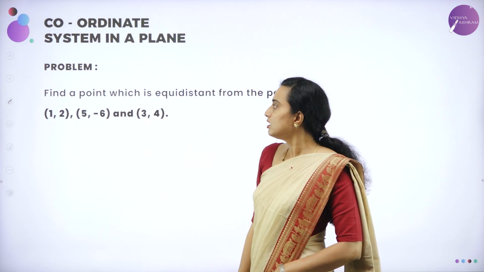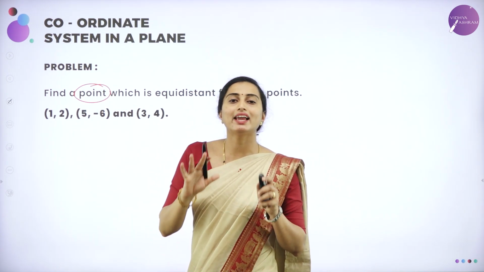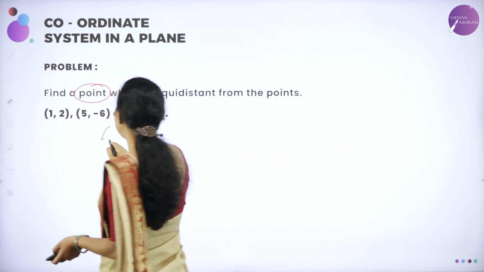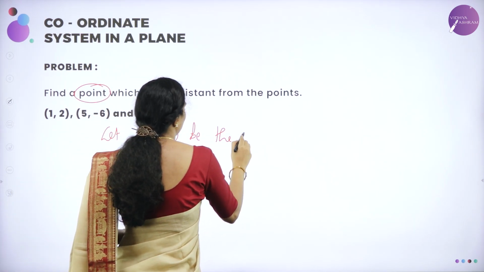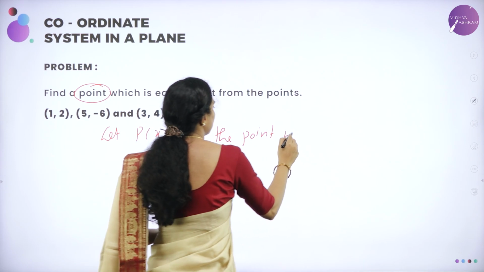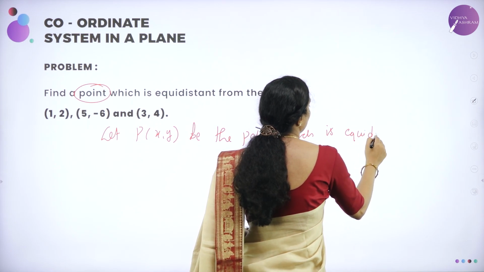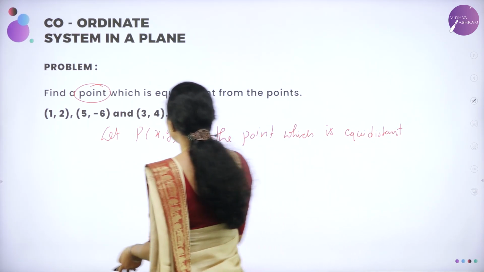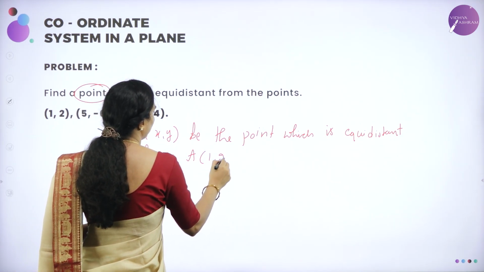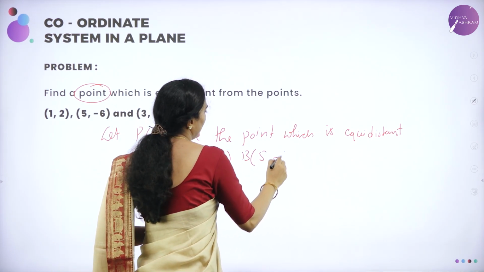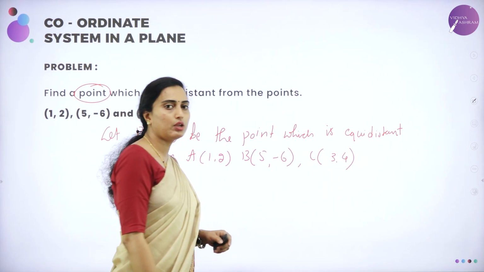I am going to take a point, let P of x comma y be the point which is equidistant from A of 1, 2, B of 5, minus 6, C of 3, 4.